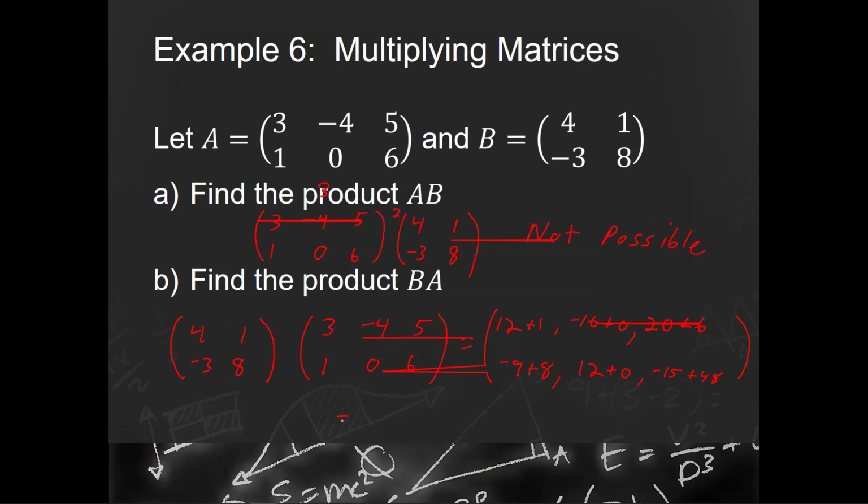So the resulting product is going to be 12 plus 1, that's 13. Negative 16 plus 0, negative 16. 20 plus 6, 26. Negative 9 plus 8, 1. 12 plus 0, 12. 48 minus 15 is going to be 35. And that is our matrix.